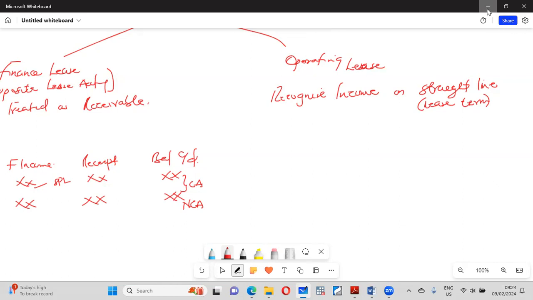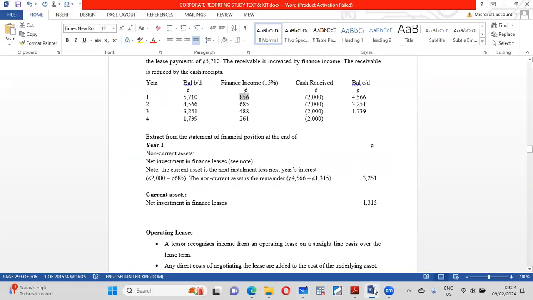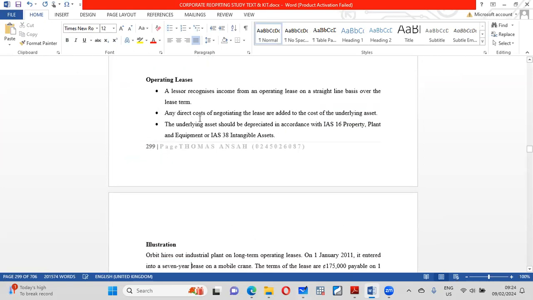So that one too, you have this illustration, and it is quite easy. The lessor will recognize income from the operating lease on a straight line over the lease term. Here the asset still belongs to you, the lessor, so you will have the asset in your book.